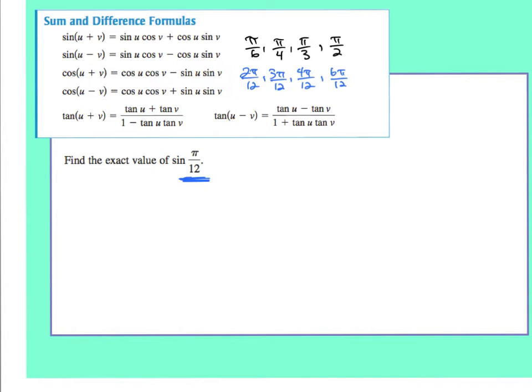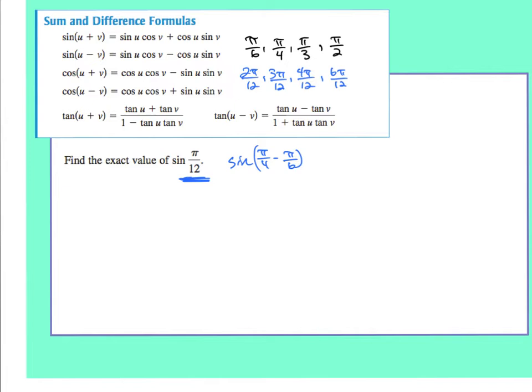So that's basically saying sine of pi over 4 minus pi over 6. 3 pi over 12 minus 2 pi over 12 would give me pi over 12. True? So I'm actually going to use that.